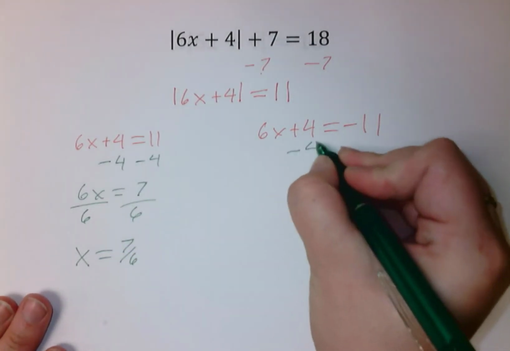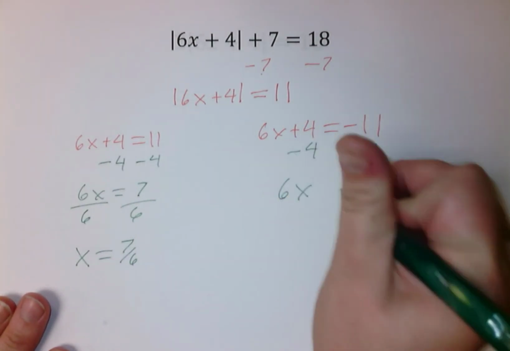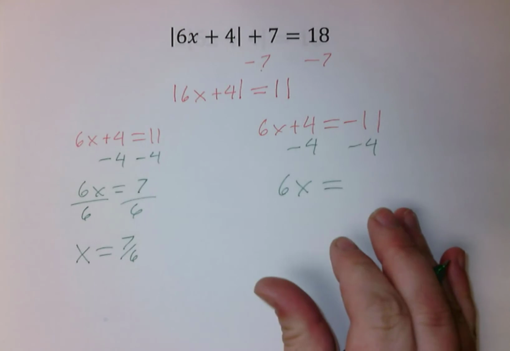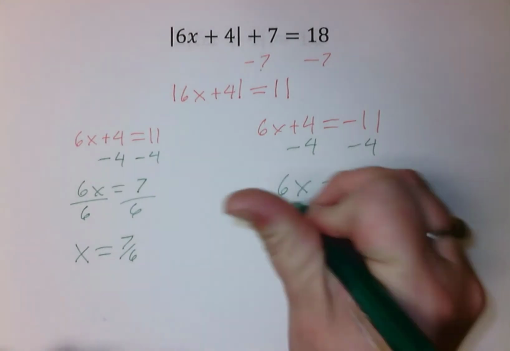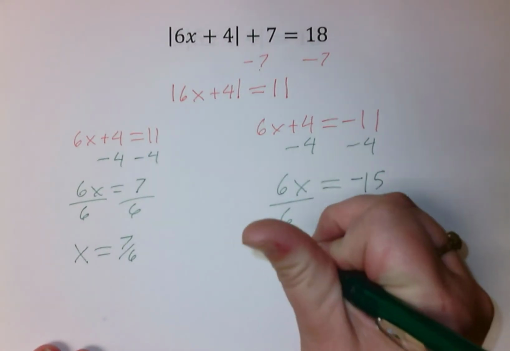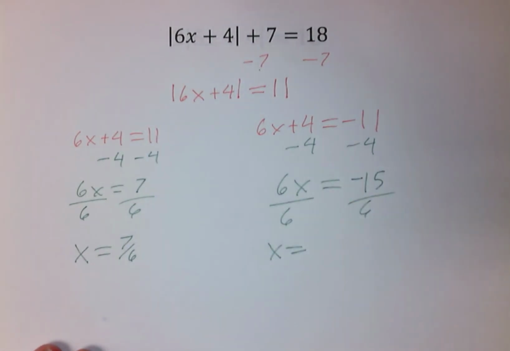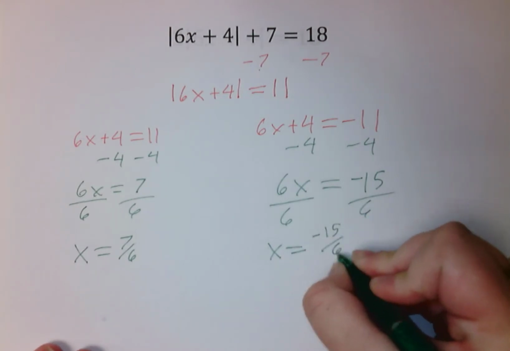I'm going to follow the same steps on the second equation. I get 6x is equal to negative 15. Divide both sides by 6, and I get x is equal to negative 15 divided by 6. Doesn't simplify, so we're going to leave that as well.